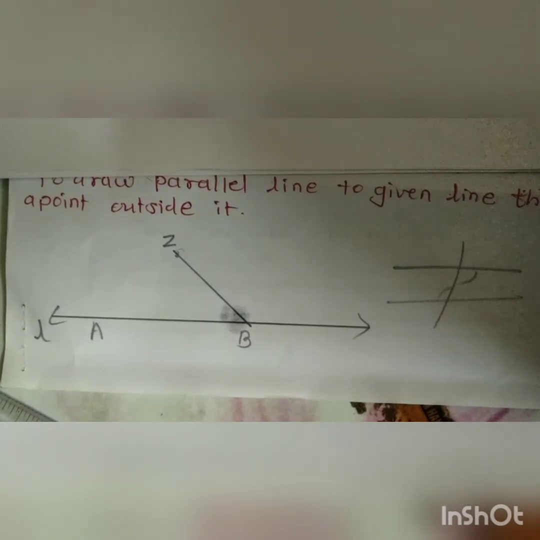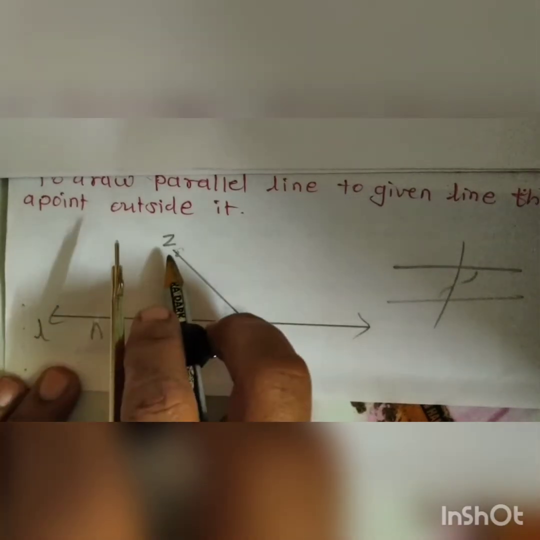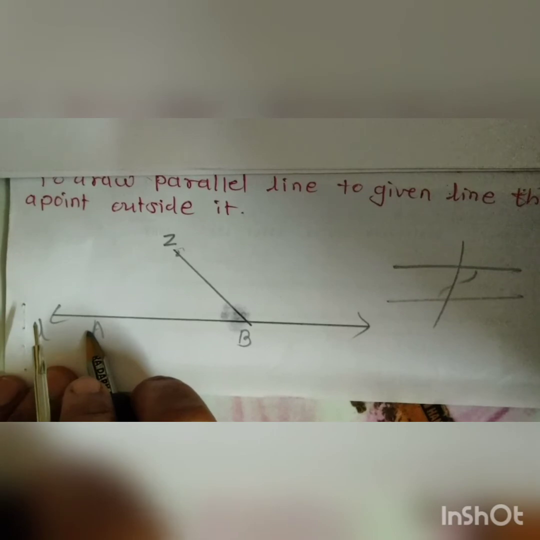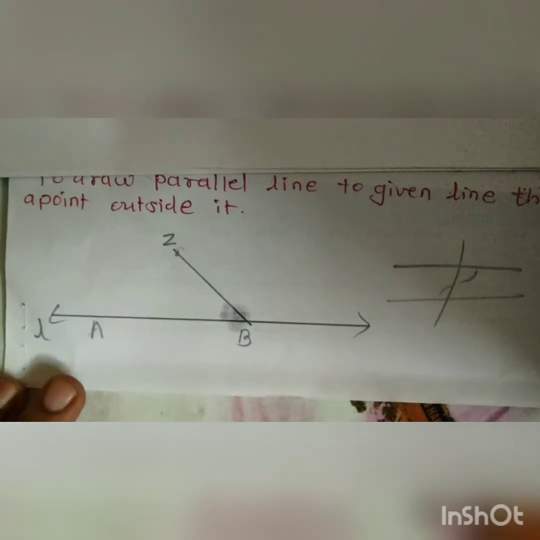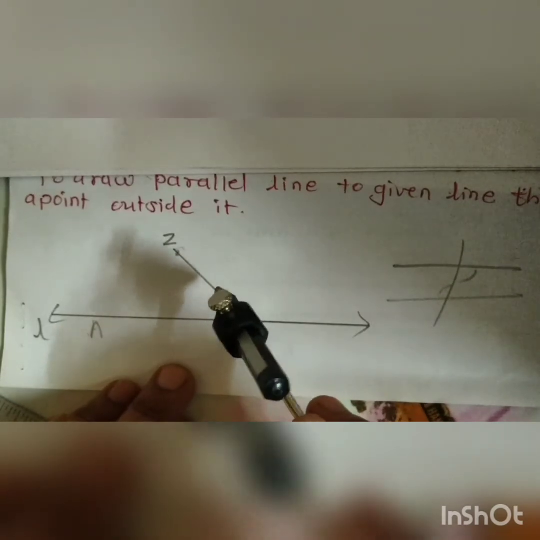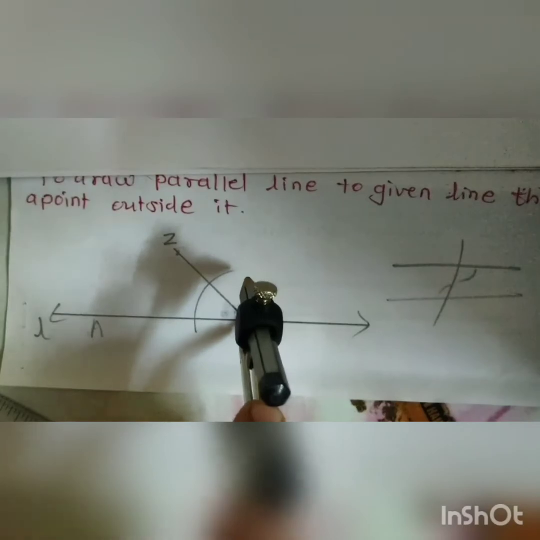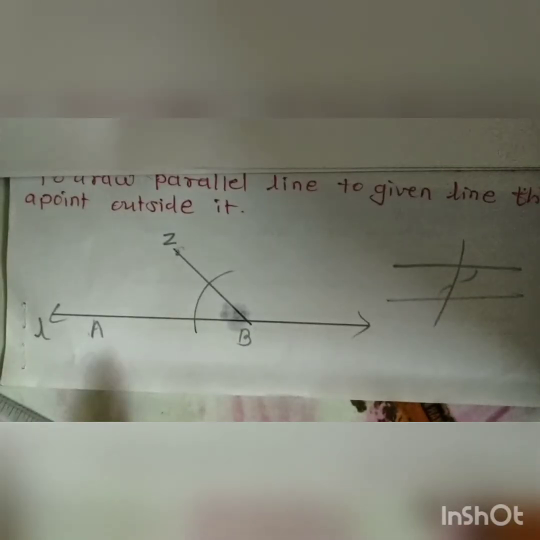Using this concept, we have to construct an angle congruent to angle ZBA using the previous construction. Like this way, see here, taking B as center, make an arc which intersects ZB and ray BA.